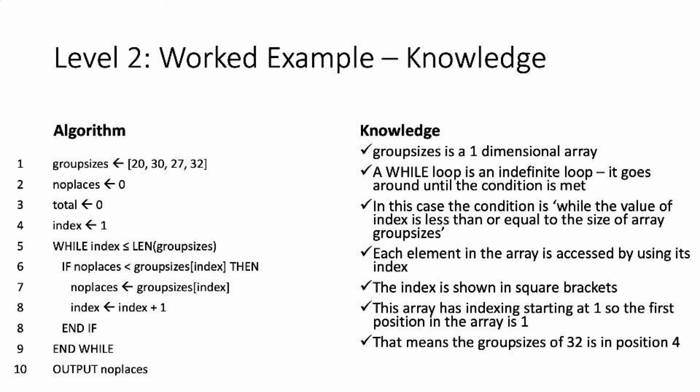This particular array has indexing starting at 1, just to keep things really simple. So the first position in the array is 1, so the value of 20. The second position has an index of 2, and so on. So what that means is that the group sizes value of 32 is in position 4. 1, 2, 3, 4. It's right at the end.